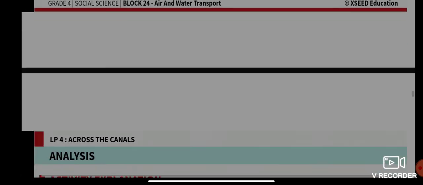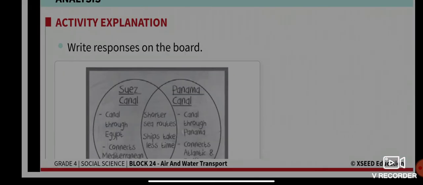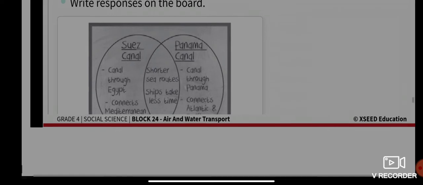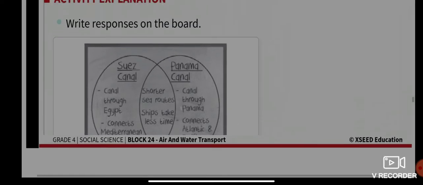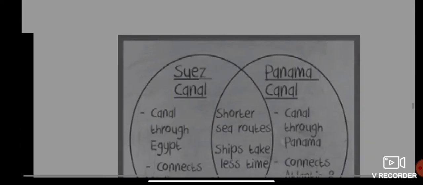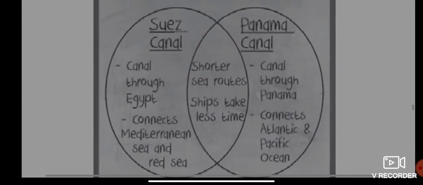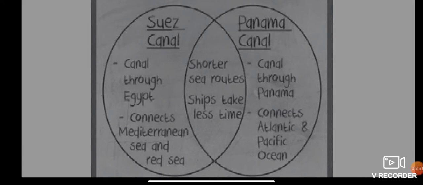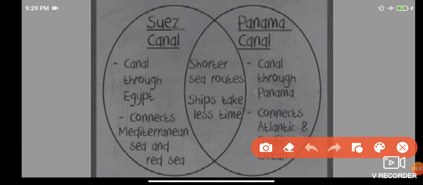Students, listen carefully. They are actually the Suez Canal and the Panama Canal, which are shorter routes. I have noted down here, so please listen carefully. Suez Canal passes through Egypt and connects the Mediterranean Sea and the Red Sea.